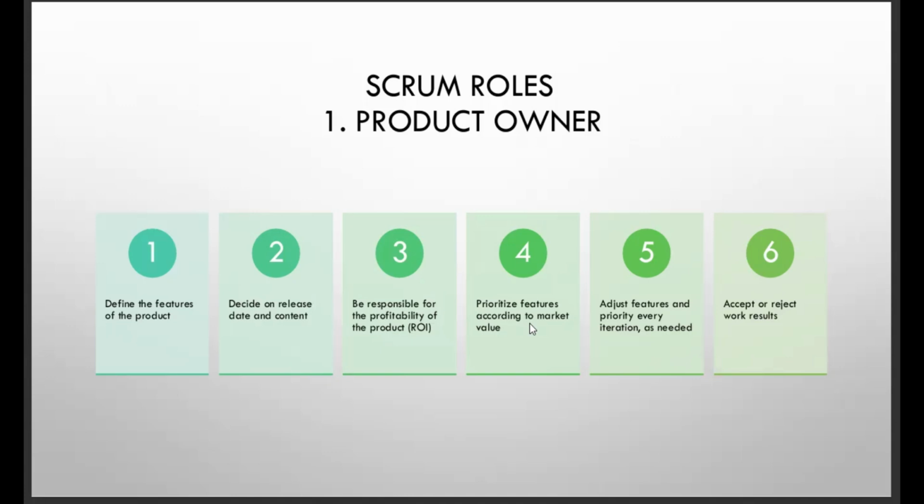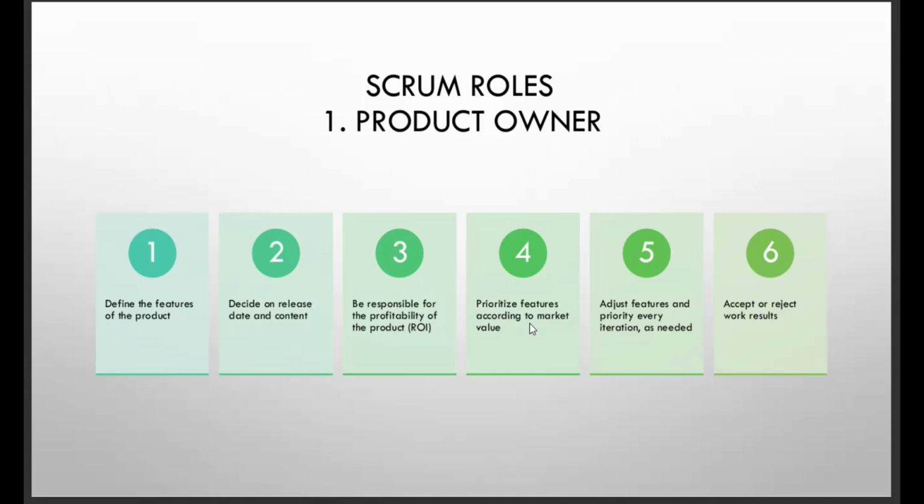Now, again, the product owner does what we call prioritization of the product backlog items according to market values. All right. So which means whatever the product owner is telling the Scrum team to build per time is based off of the understanding of the importance of that particular feature in line with the market reality or the market demand per time.